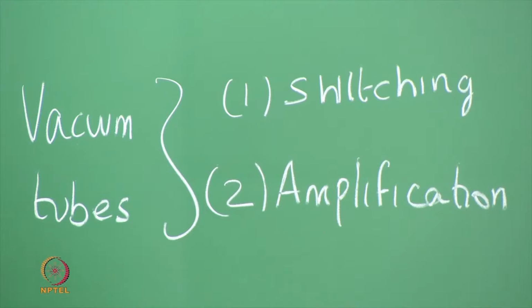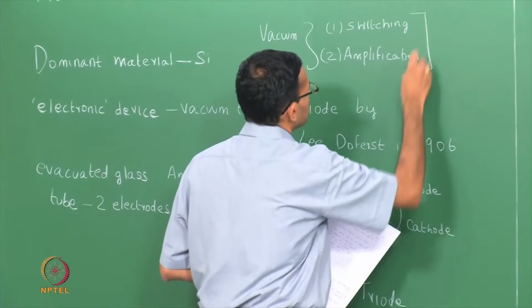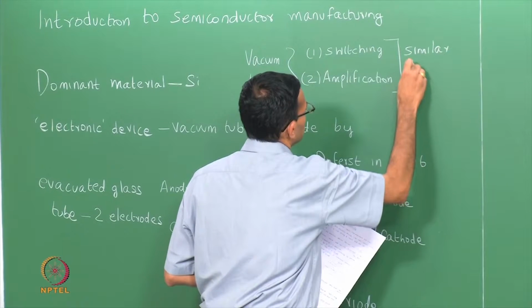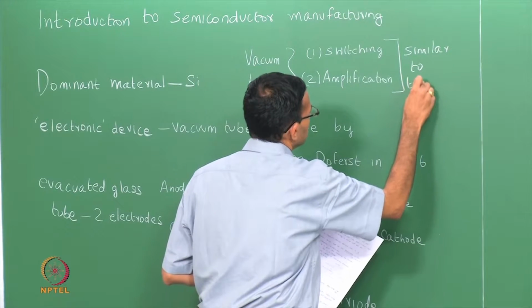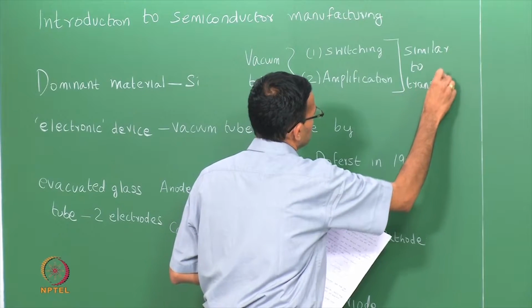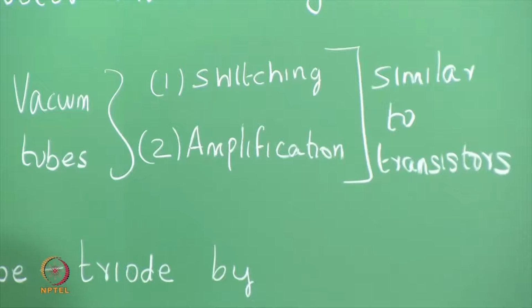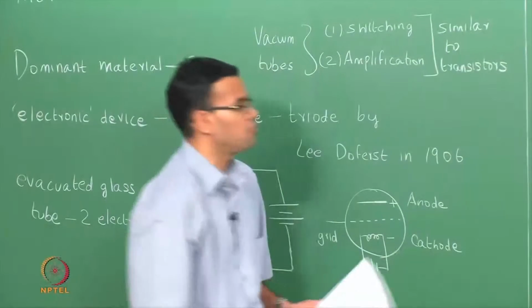In some sense the performance is very similar to what we expect from transistors. However, the vacuum tube itself is a highly inefficient device.